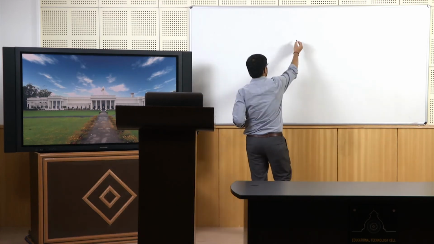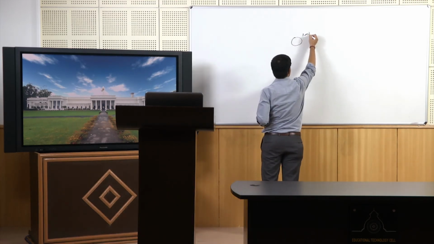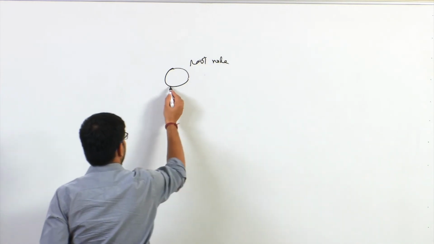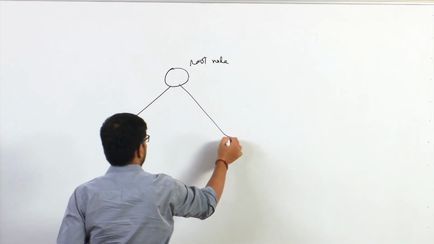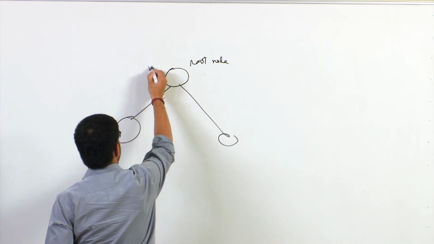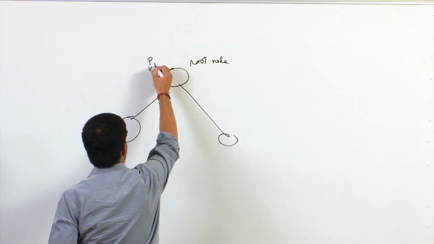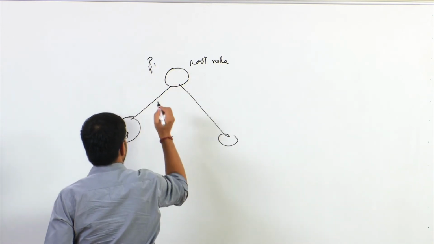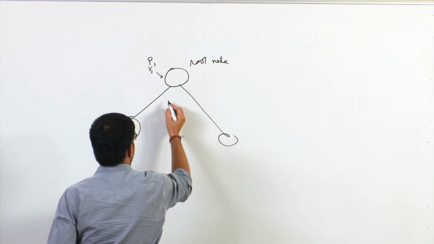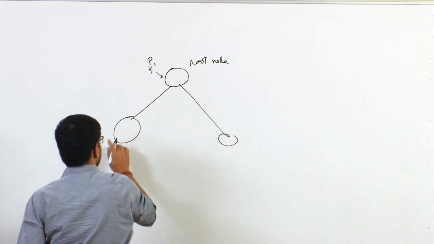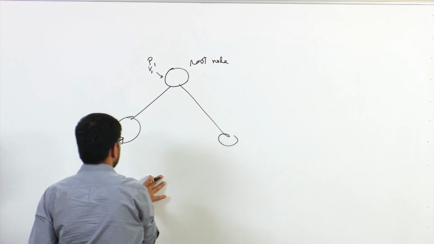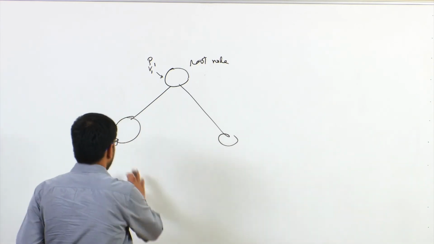So for a root node, once a particular split has been performed, predictor 1 value 1 at the root node, right, and then we reach here. So we have two options now: where should the next split be performed, here or here?